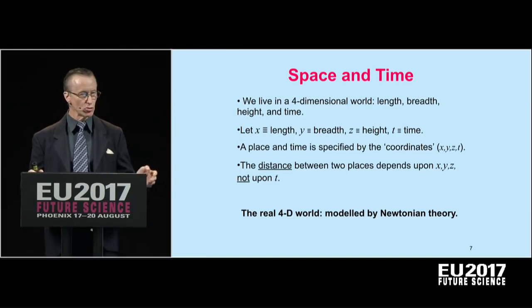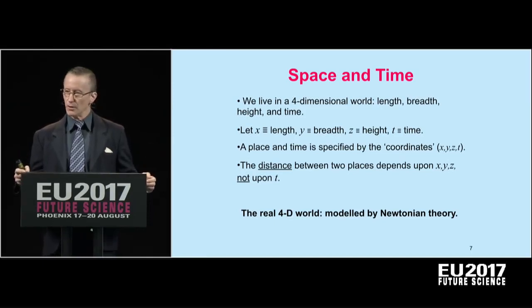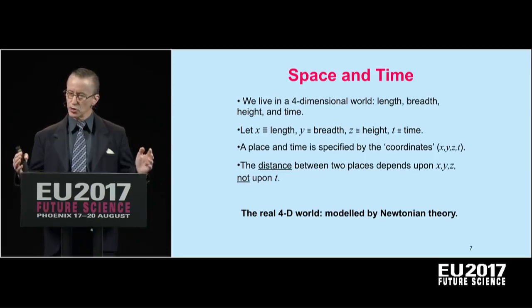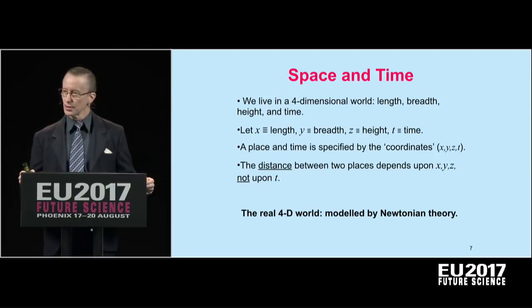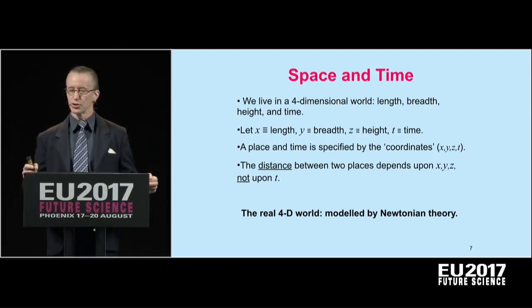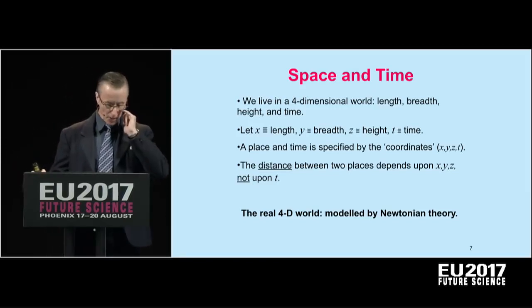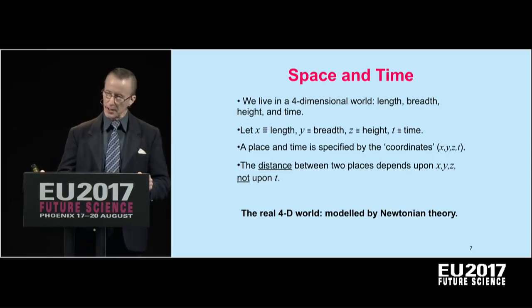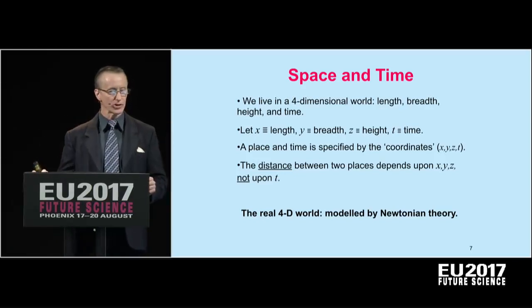So there's nothing new in the idea of a four-dimensional world in terms of Einstein's conception of the universe, because we already have that. What is different is that you cannot jumble up x, y, and z with t.